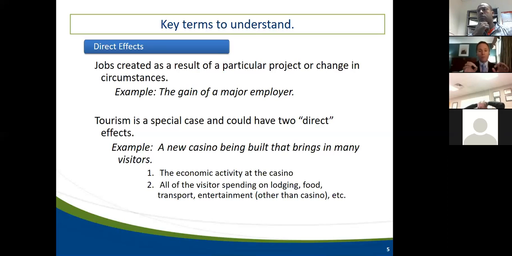You have the people working at the site, but because all these new dollars are coming in with the tourists spending at restaurants and hotels, there's a bunch of spending happening offsite and a bunch of jobs created offsite, but they're still direct jobs. There are jobs directly associated with the casino or the racetrack or whatever it is, okay? So tourism can be kind of a special case.